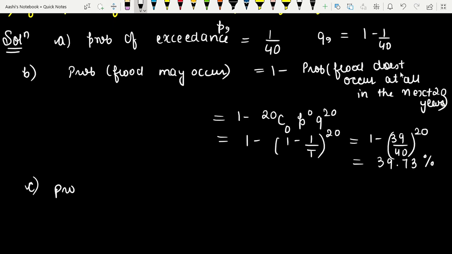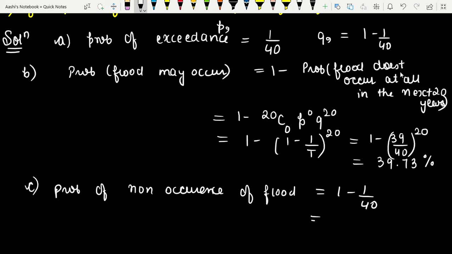They are asking what is the probability of non-occurrence of the flood. It is equal to 1 minus 1 by 40, which is 97.5%. So 2.5% chances are there that this event will occur.